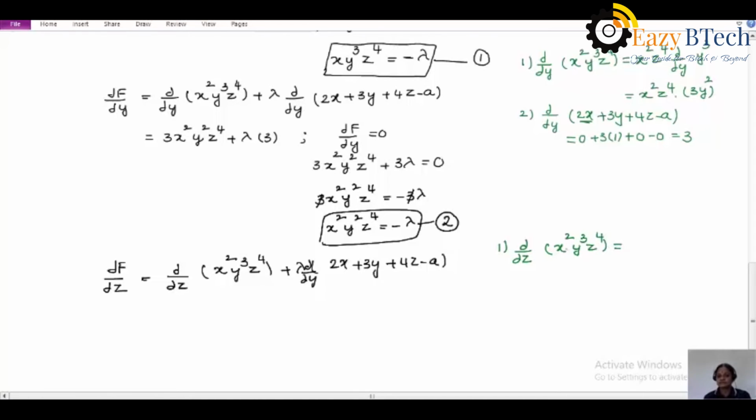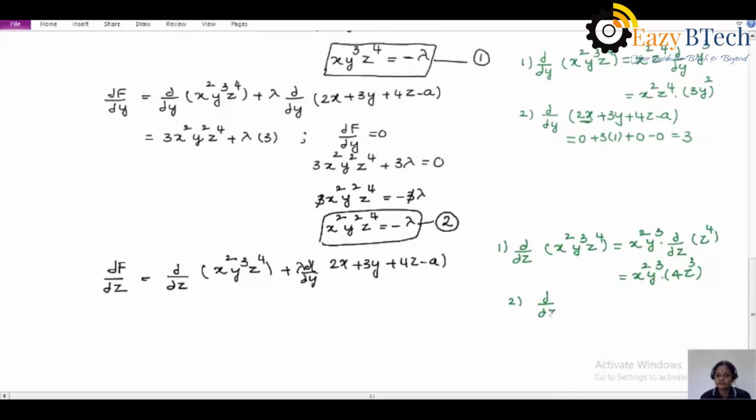Here we are doing with respect to z, students. So which one is the common here? x and y terms are the common here. x square y cubed are the x and y terms, ∂/∂z of z power 4. Then the differentiation of z power 4 is 4z cubed.